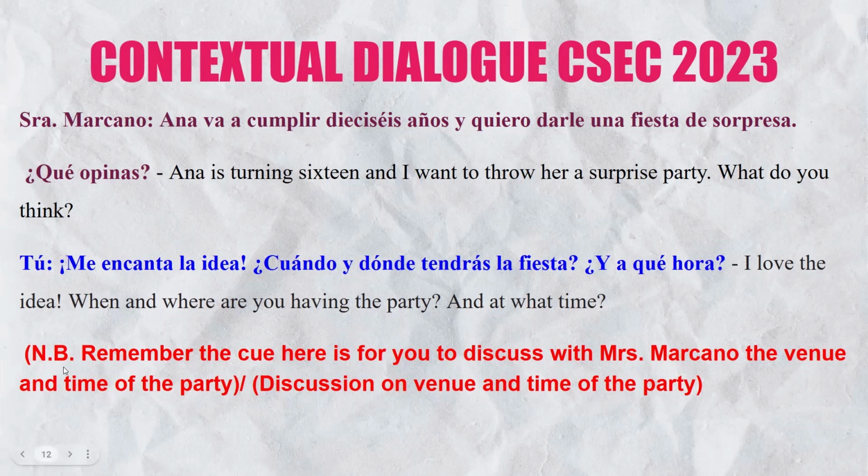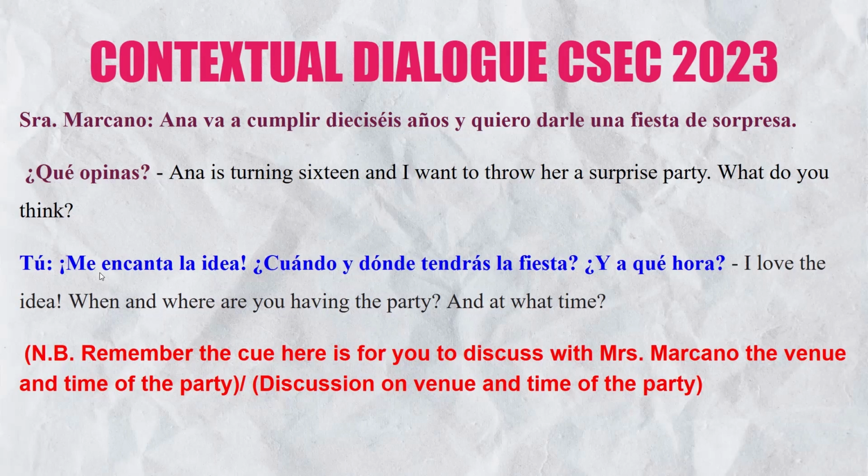Remember, the cue here is for you to discuss with Mrs. Marcano the venue and the time of the party. Because the cue said discussion on venue and time of the party. After she says that she wants to throw her a surprise party and she asks us for our opinion, here we say we like the idea.